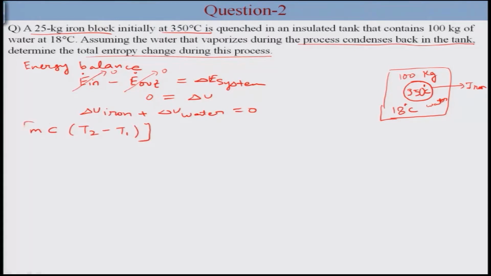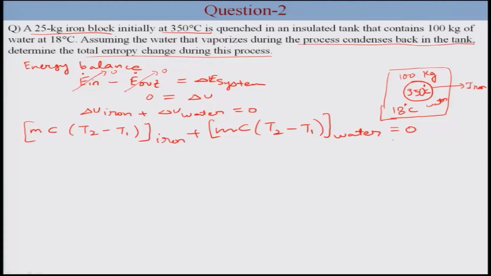So, this is for iron, and a similar expression will be there for water: mass multiplied by specific heat times T2 minus T1. T1 and T2 are different for iron and water. So, we will put the corresponding values.